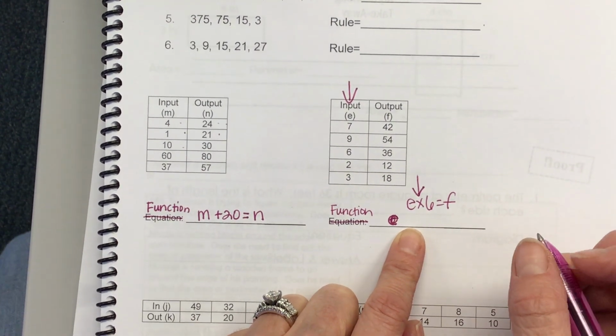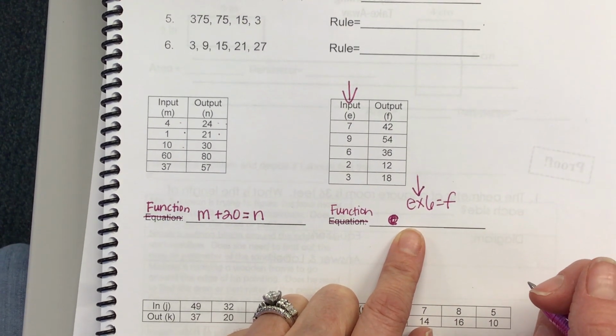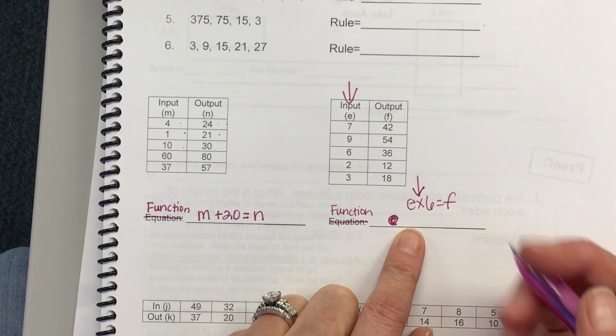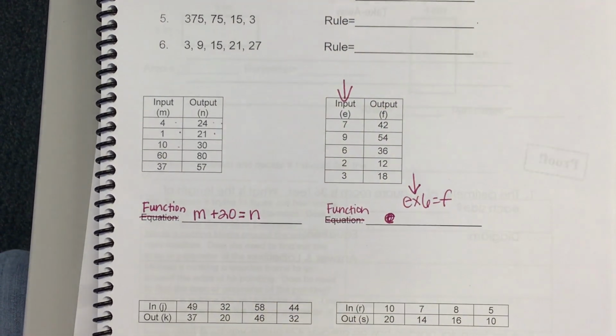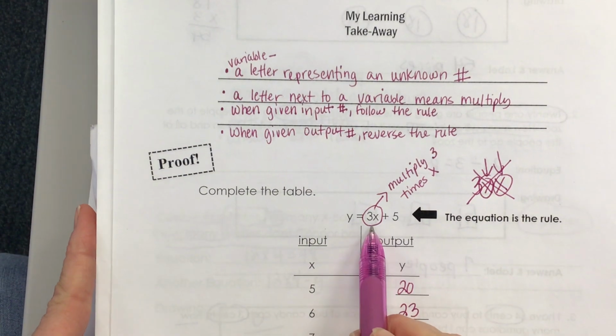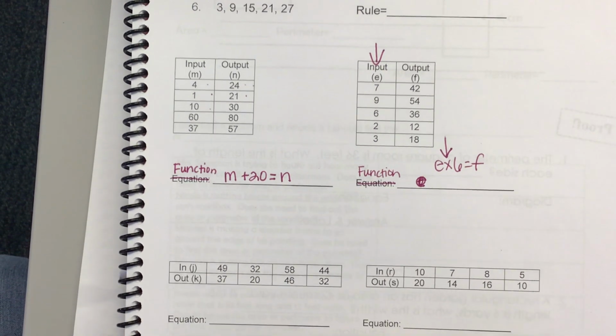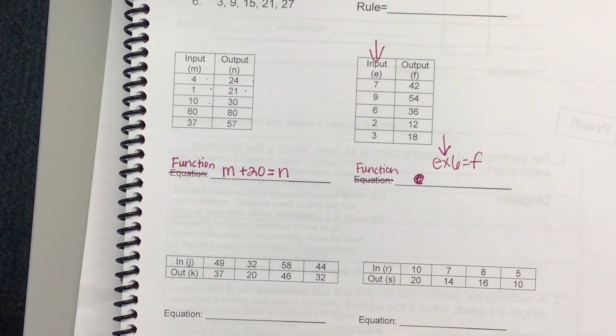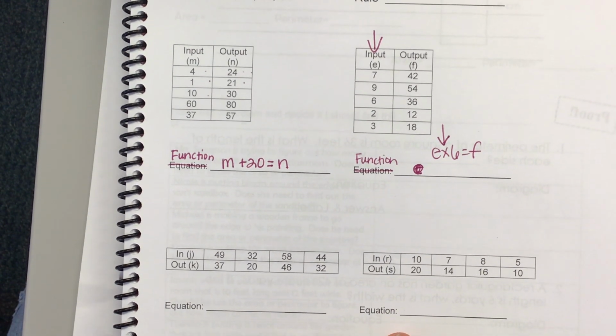Quit yelling. Lindy? There's not plus. It's times 6 is the rule. Marin? You write the word times? No. They did not write the word times right here. All right, McKenna, I'm believing in you. It's 6 times E equals F.